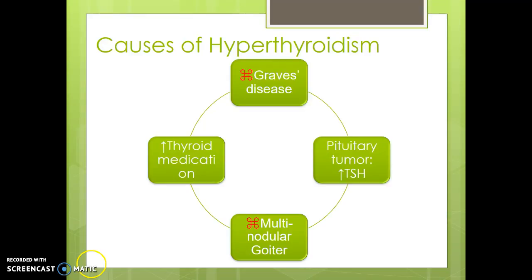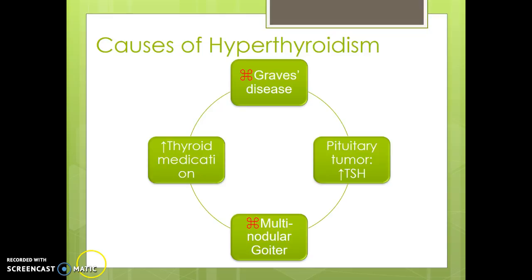Graves' disease. You can also have a tumor on your pituitary gland, and because of that tumor growing, it may cause the pituitary to produce too much stimulating hormone that then in turn makes the thyroid gland produce too much thyroid hormone. You can also have a multinodular goiter that has grown on the thyroid, making it produce too much thyroid hormone.